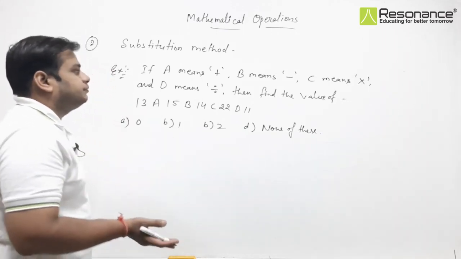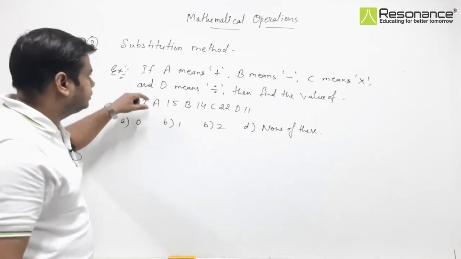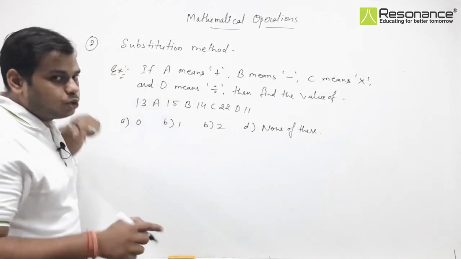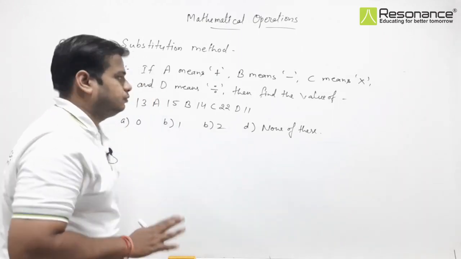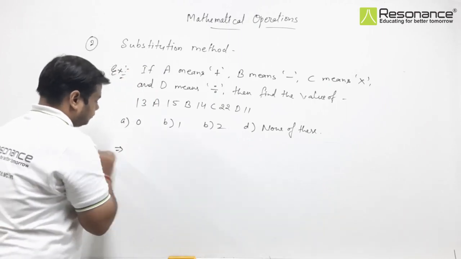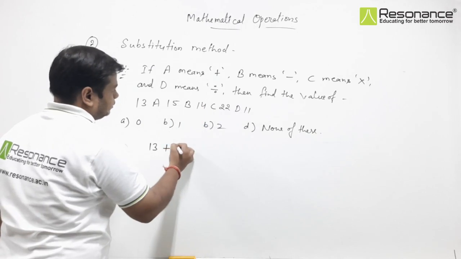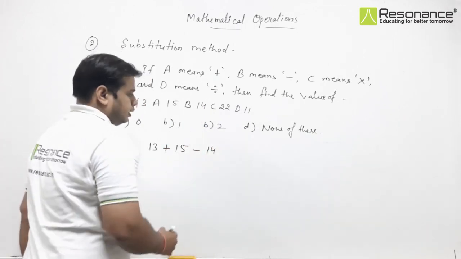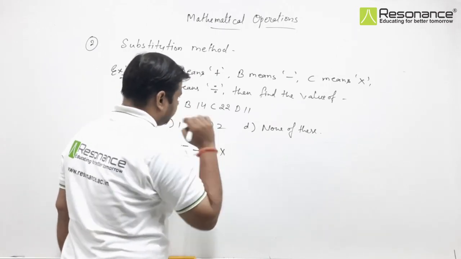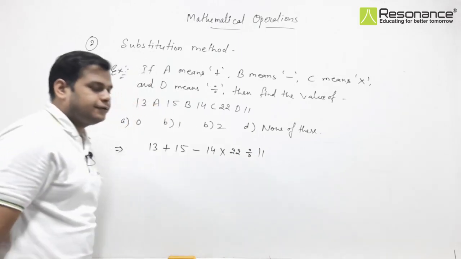Now first we have to substitute according to the given direction in the question. Then we have to apply Bodmas rule. Remember this thing, always we have to apply the Bodmas rule. 13A, A means plus, 15B means minus, 14C means multiply, 22D means division, and then 11.